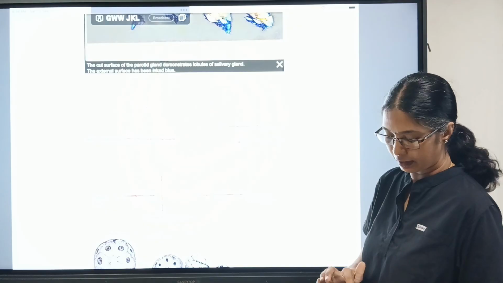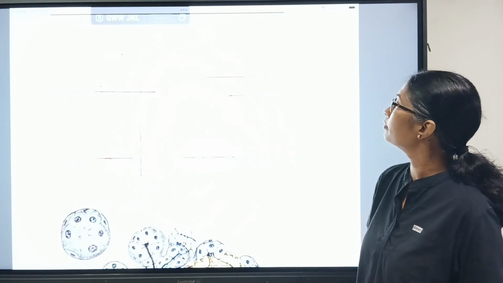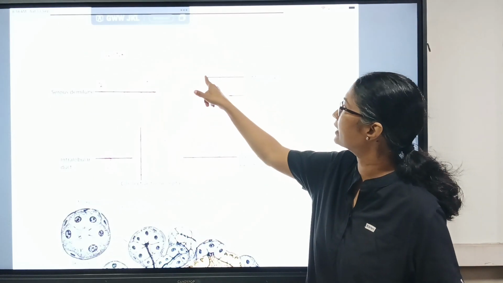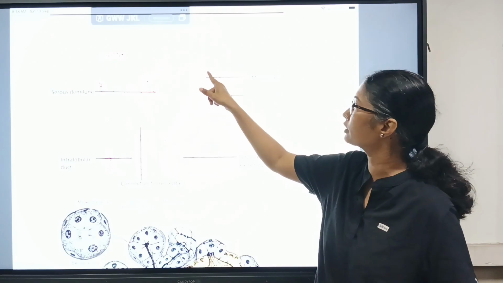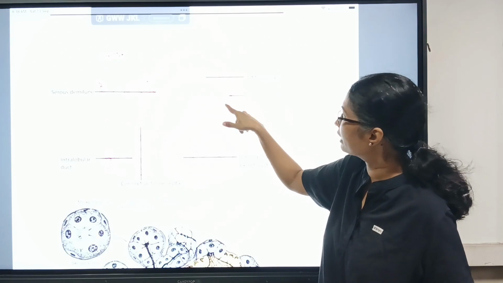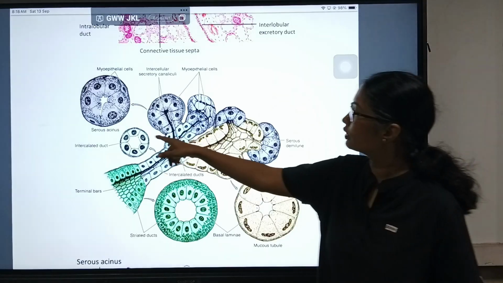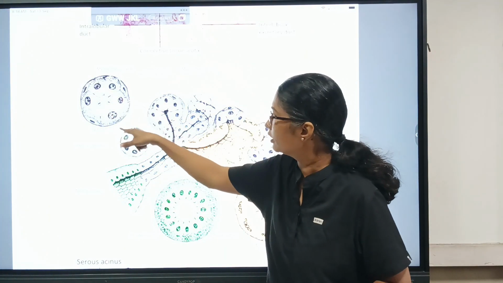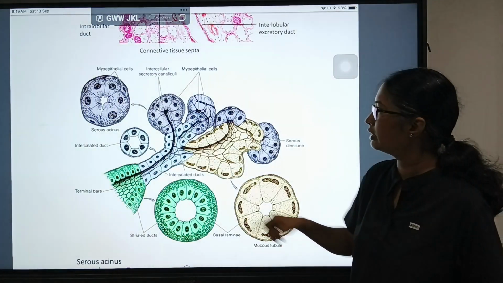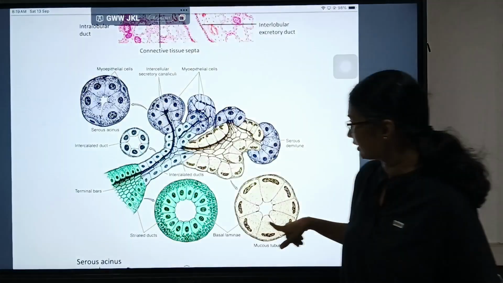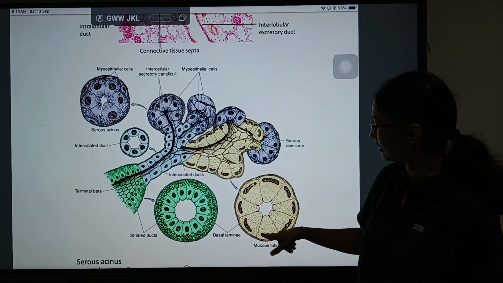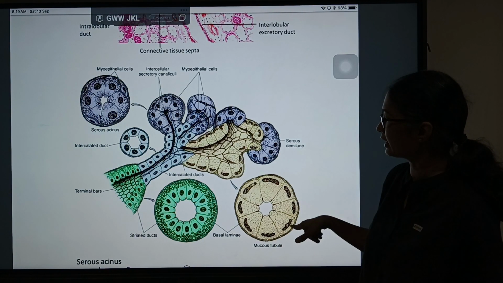This is a schematic representation of the mucous acini. As I said, the nuclei are placed on the basal side and are not very clearly seen. I will show you, you can see here. This is the serous acini, which is polygonal in shape with round nuclei, whereas the mucous acini have the nucleus on the basal side.